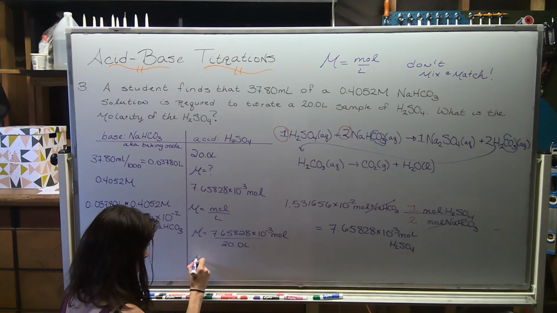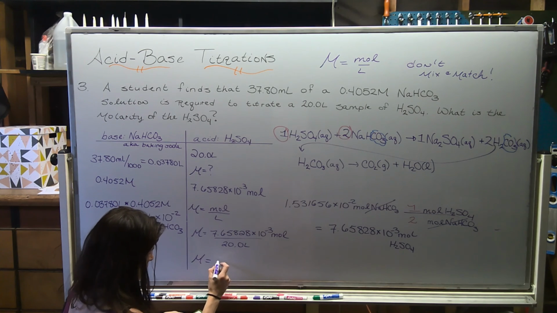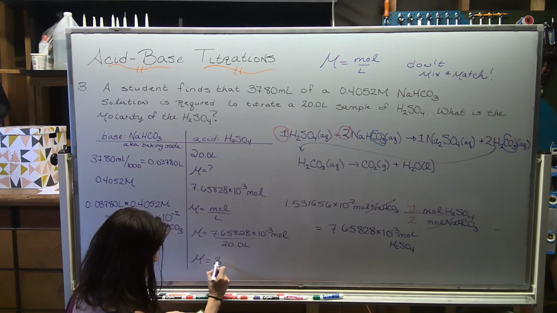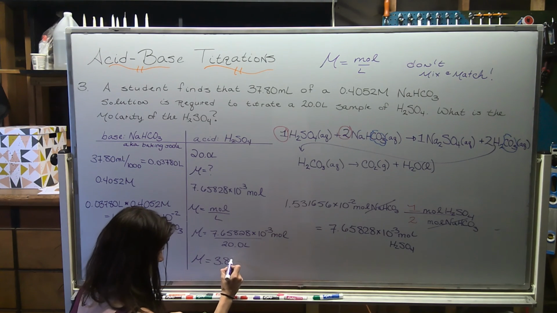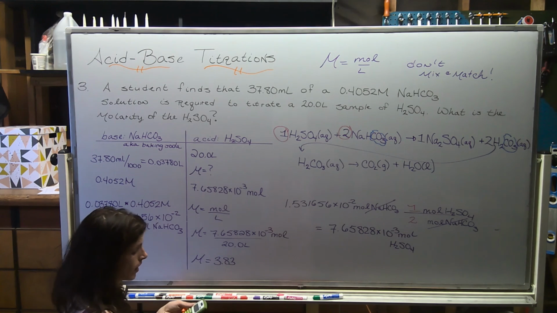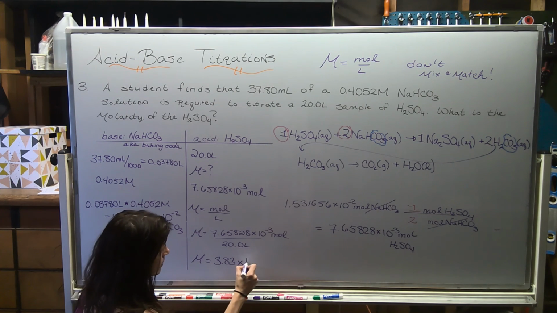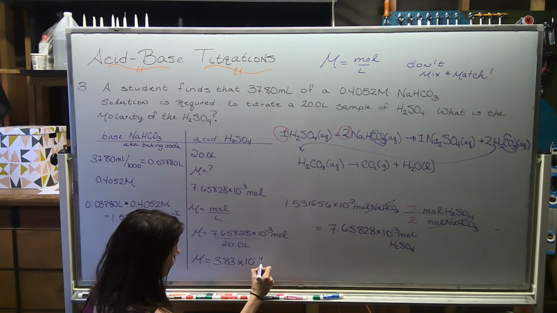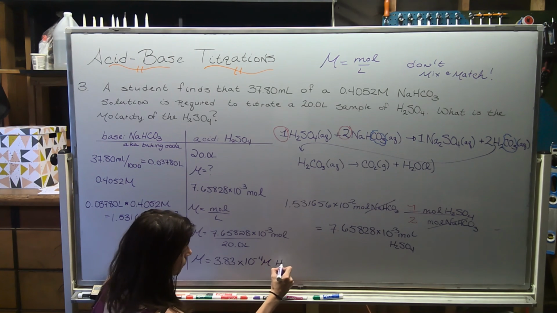At the end of the day, I get a molarity of 3.83. My calculator says 3.82914, but I only have 3 sig figs. So I'm going to report it as 3.83 times 10 to the negative 4 molar sulfuric acid.